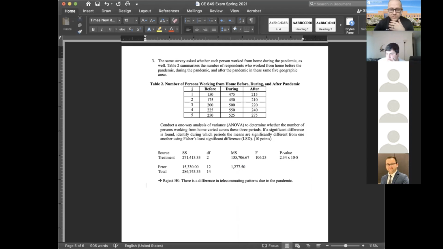Okay, and then from there, the next step was to calculate Fisher's LSD.